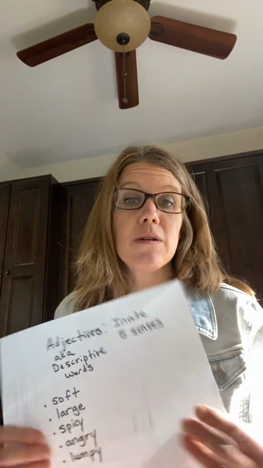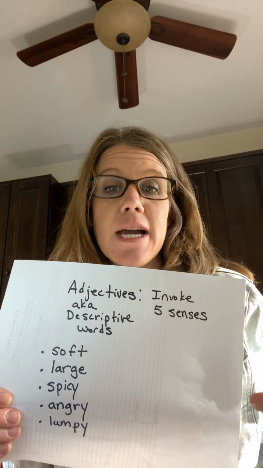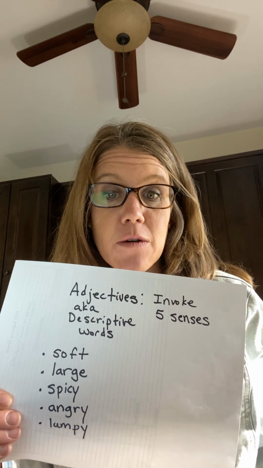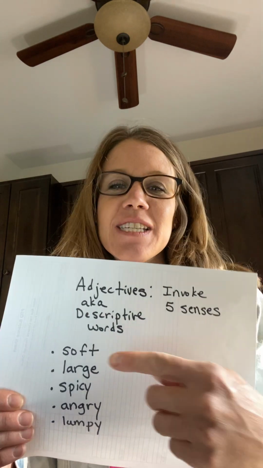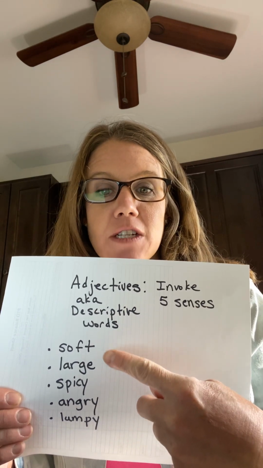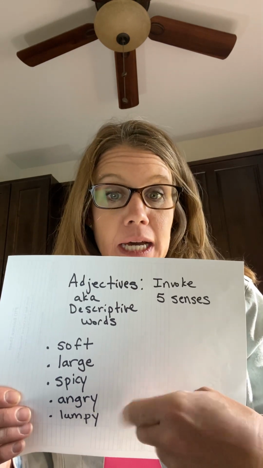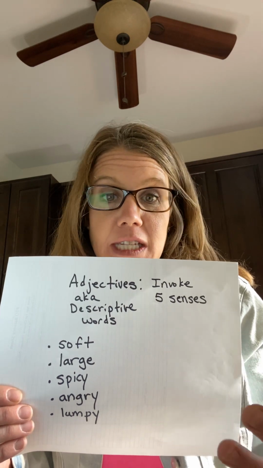And those 2 simple things are, adjectives is number 1. Adjectives are just descriptive words, and they invoke the 5 senses. I've given you a few examples of adjectives here: soft, large, spicy, angry, lumpy. Those are all things that describe how something feels, tastes.